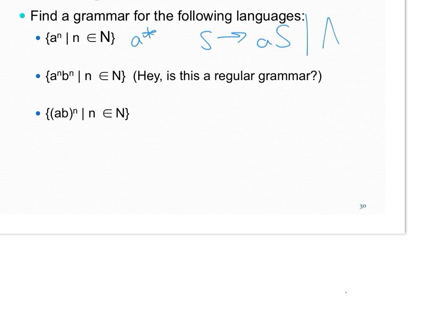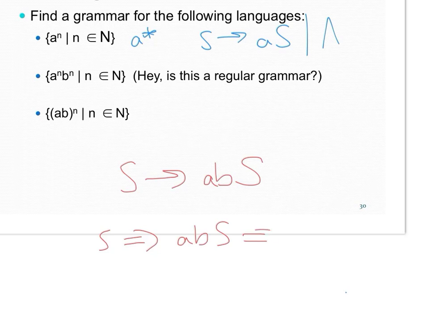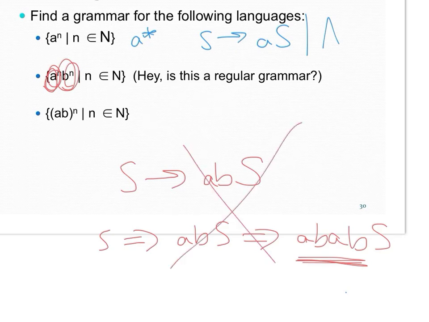We can't say S goes to abS as a production rule, because then we could get S goes to abS, goes to ababS, which would mix up the order of our a's and b's, right? And here all the a's come first, then all the b's. A to the n, b to the n. So that's no good, so we can't do that. Let's get rid of that and try again.